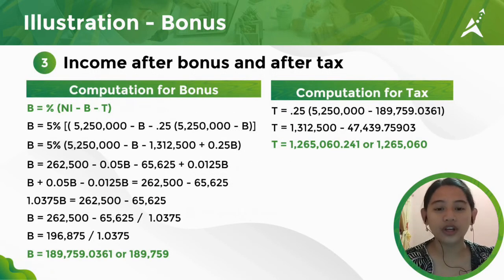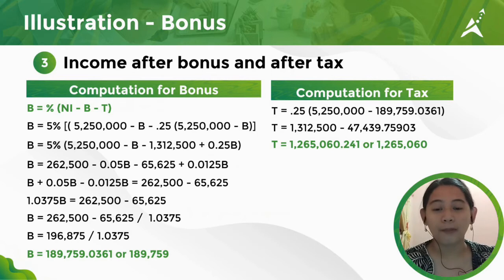Okay, for our third illustration, bonus is expressed as a certain percent of income after bonus and after tax. Here, our computation is a bit longer because we deduct both the bonus and the tax before we compute the bonus to be given to the employee.